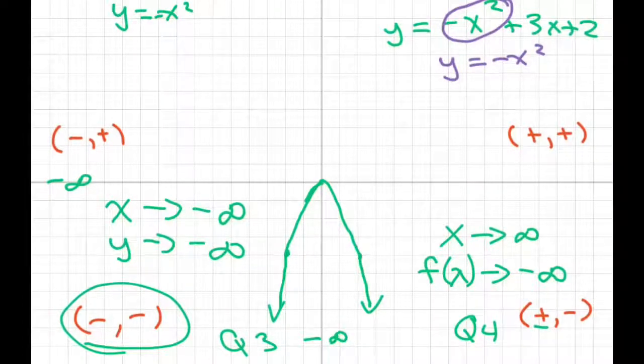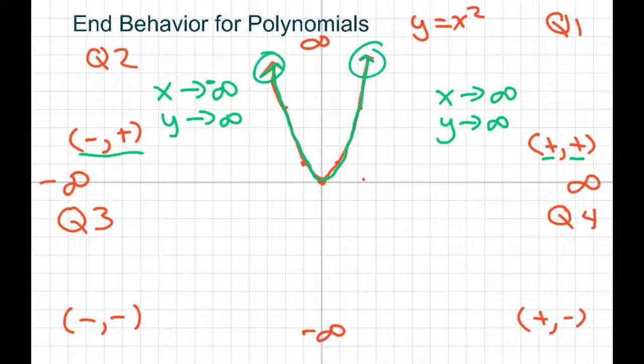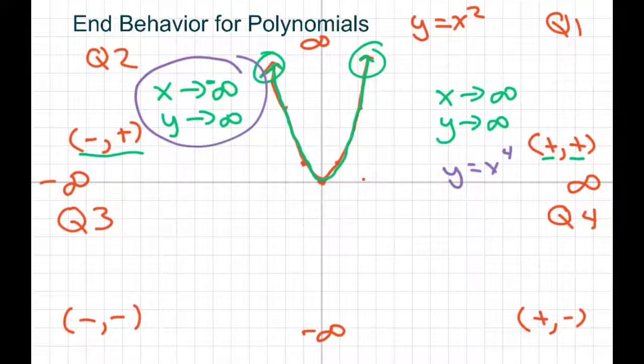The same thing happens with y equals x to the 4th because it's even, or negative x to the 4th. It would have the same end behavior because my degrees are even.